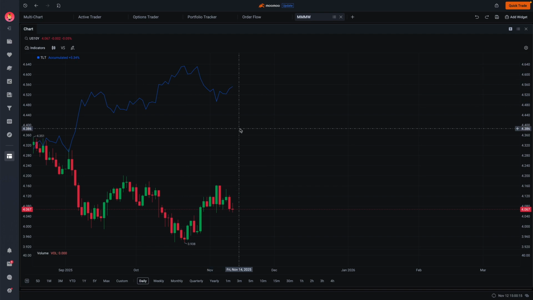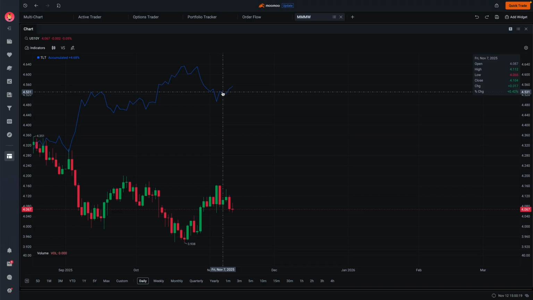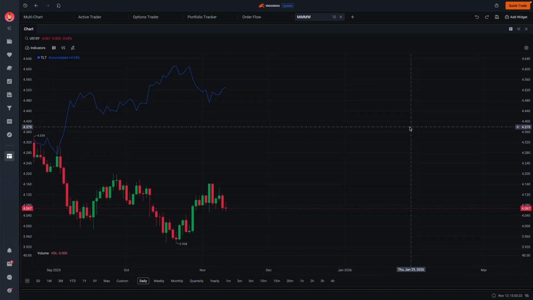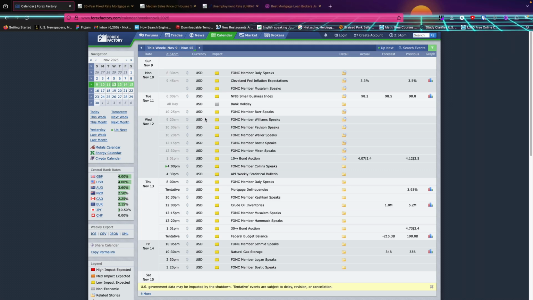And bonds rise for a multitude of reasons, but one of them is expectations about future events. So just keep in mind, Fed rate cuts do not just mean lower rates definitively. All right, that's all I had to say about that. When we get over to the economic calendar, let's see.